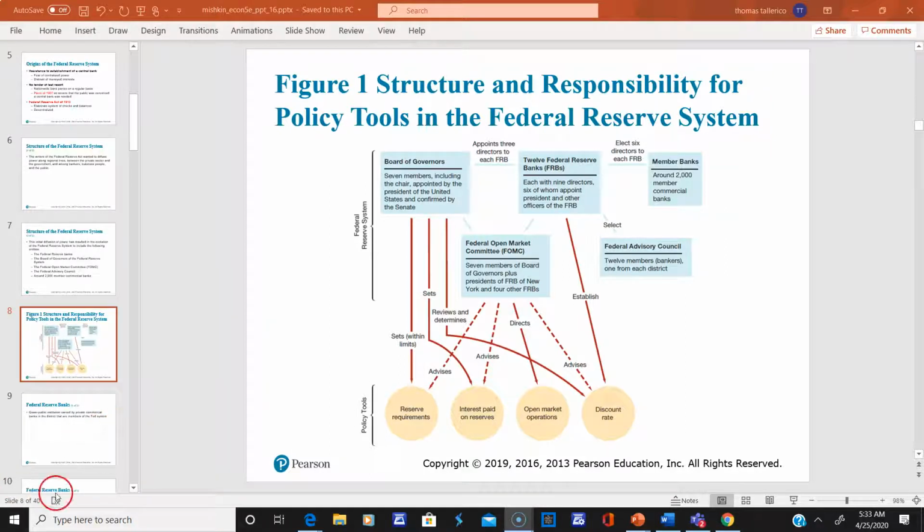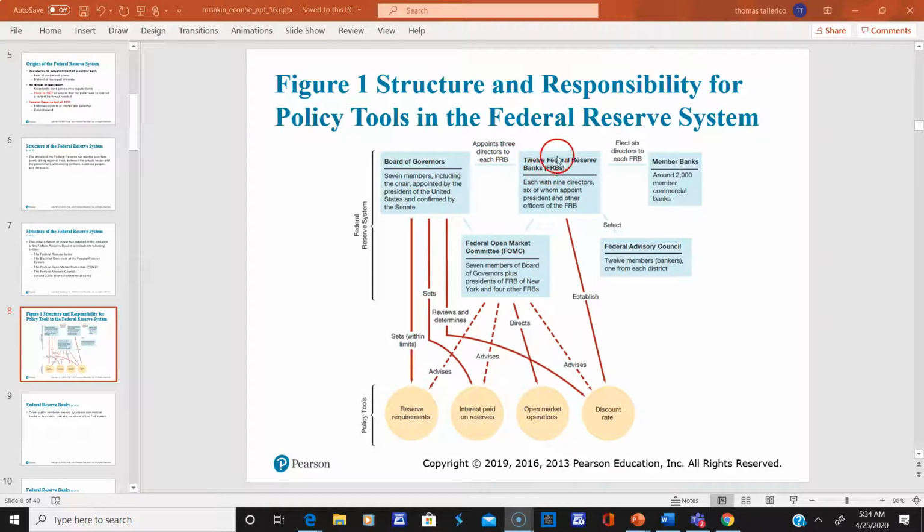And you can see here that this is the Federal Reserve System in these boxes. Here's the Board of Governors, and they're in Washington, D.C. The Senate has to approve the Board of Governors, and they appoint 3 directors to each of the Federal Reserve Banks.